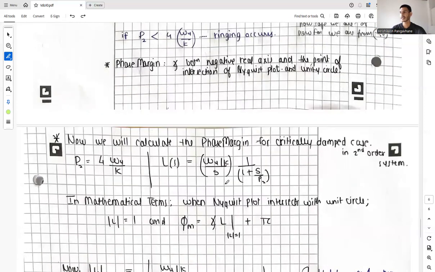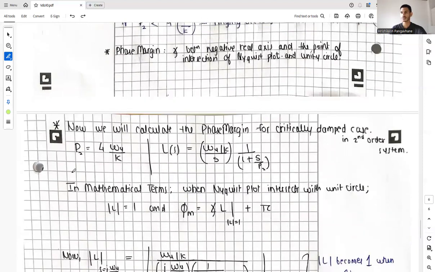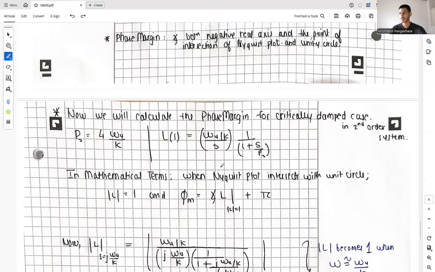So now we will calculate the phase margin for a critically damped case in a second order system. In a second order system, like we know, P2 is equal to 4ω_u/K, and the transfer function of a second order system with one pole is this.